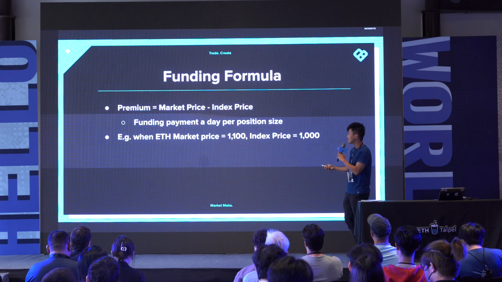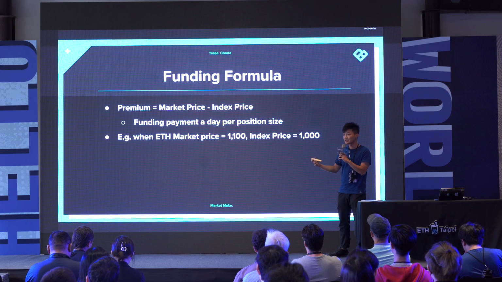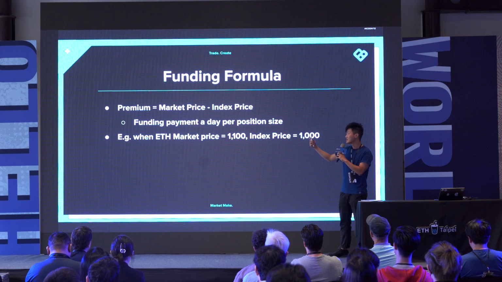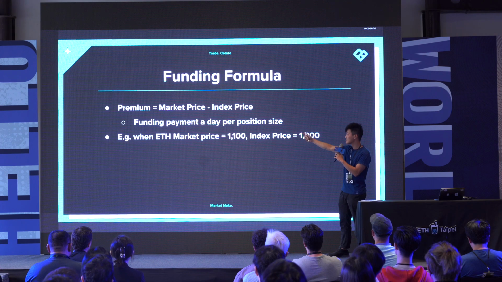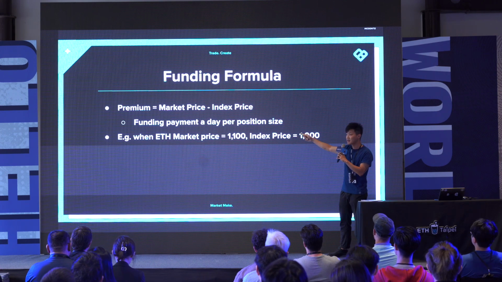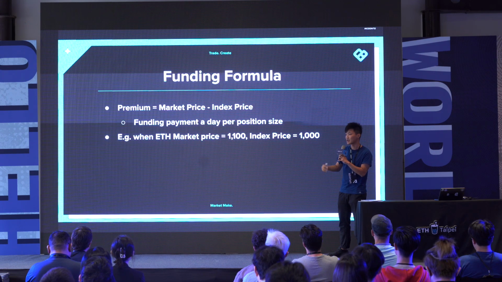Okay, so in order to understand how funding is calculated, we first have to introduce the premium. And premium is pretty easy. It's just the difference between two prices. The first one we call the market price. And market price is the price that is trading on a derivative exchange.